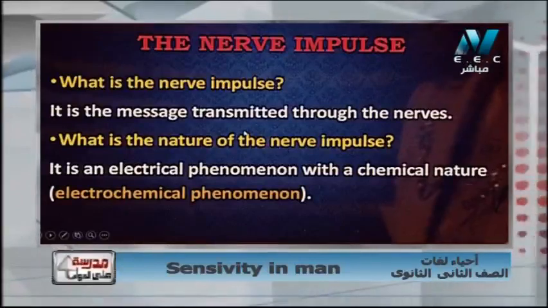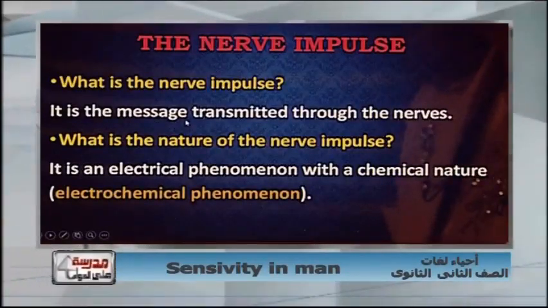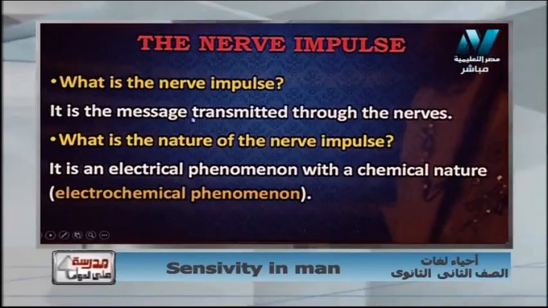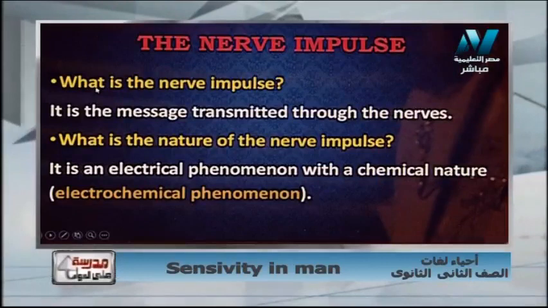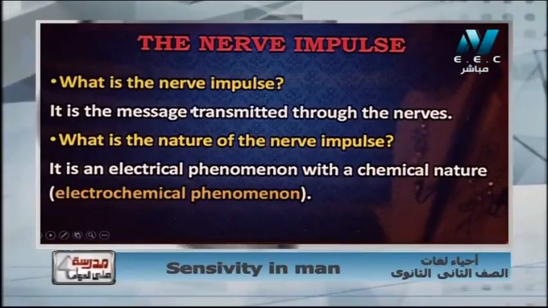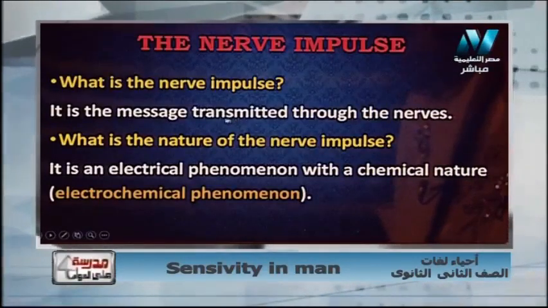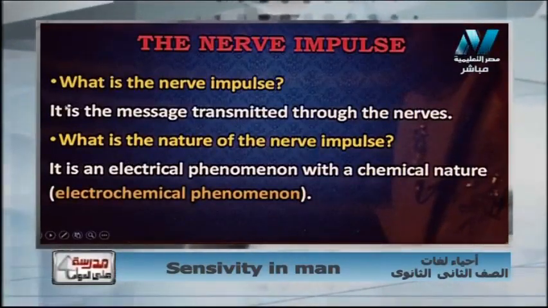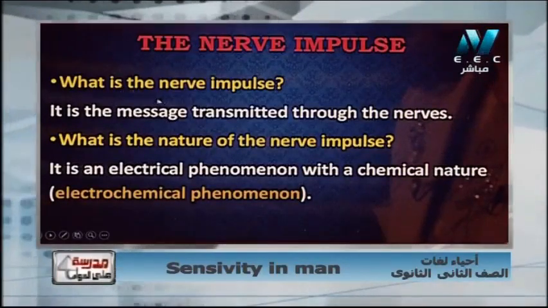And now, how does the nerve impulse transmit along the nerve cell? As we said, the nerve is composed of axons. So what we are going to study now is the transmission of the nerve impulses across these axons until they reach their target. What is the nerve impulse?